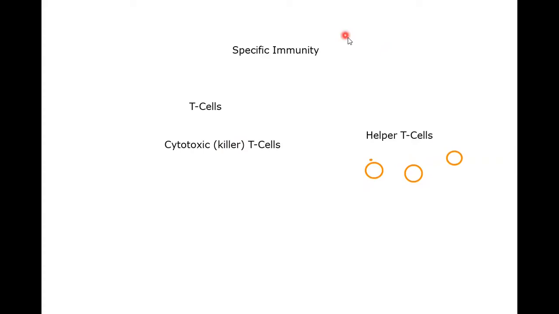So if we have our little annoying bug and it has its little annoying antigens on it, the cytotoxic T cells have been activated, and they're also somewhat specific. They go along with the B cells. In this case, they've been told, go kill this guy. And so what the T cells will do, this is where you get my fancy art skills, is they will come right up here to the bug.